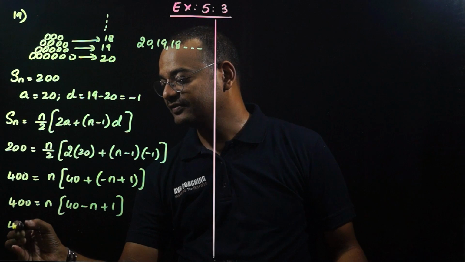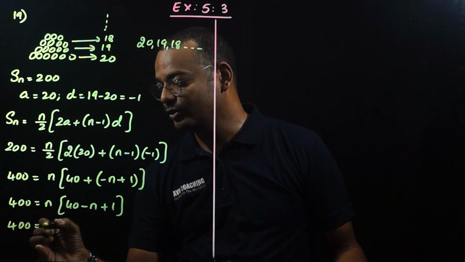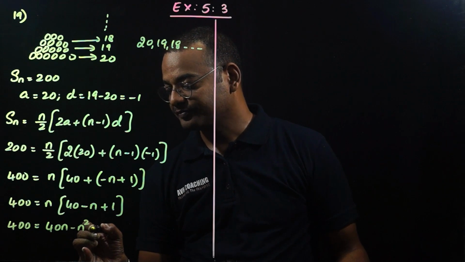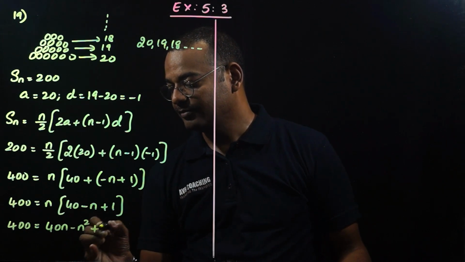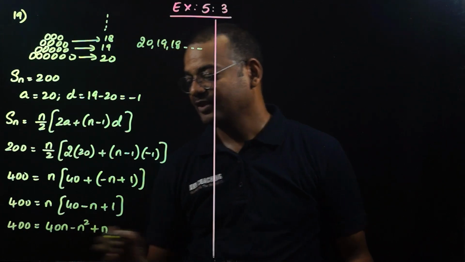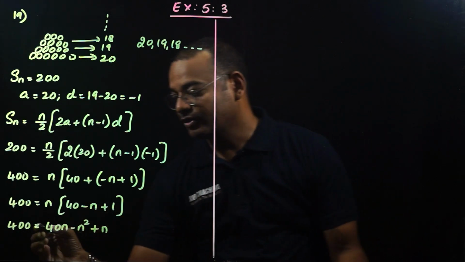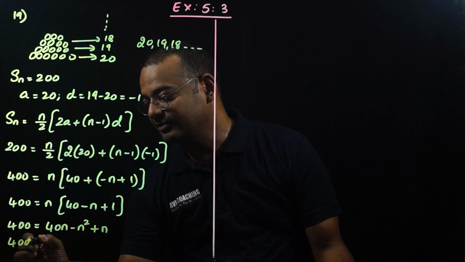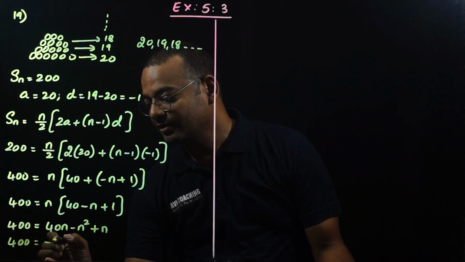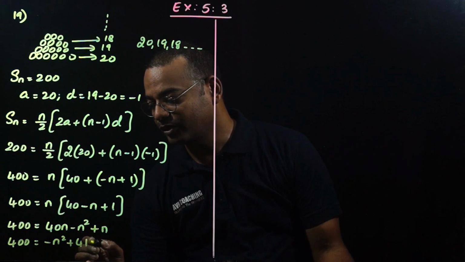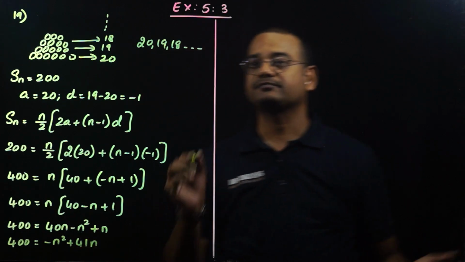When you multiply, this will be 400 equal to 40n minus n square plus n. So 40n plus n will be 41n. So 400 is equal to minus n square plus 41n.